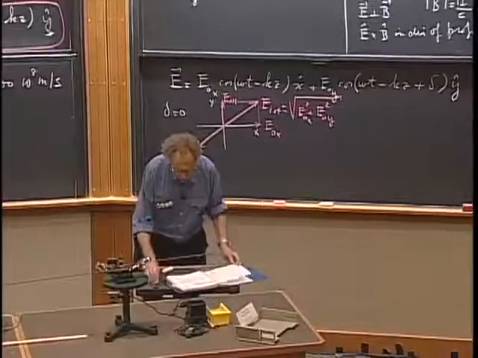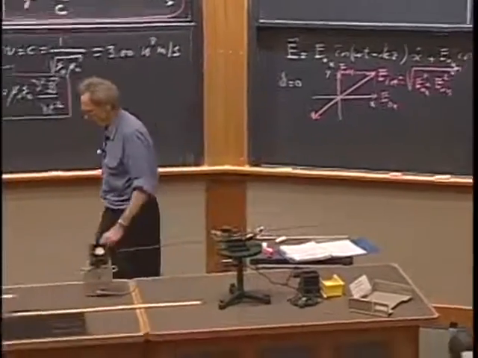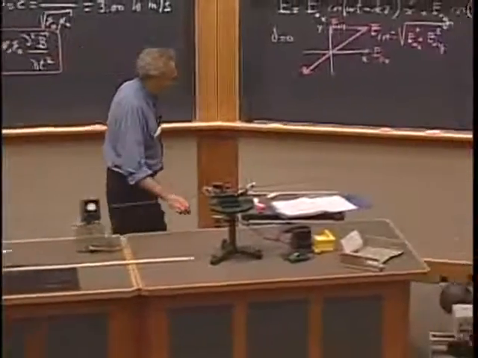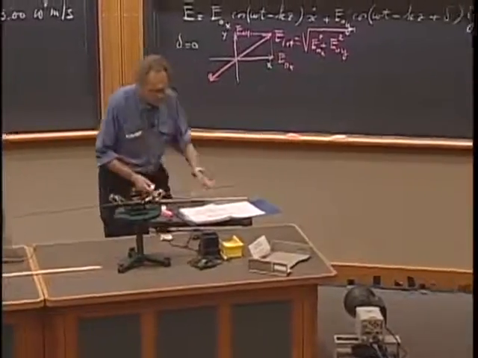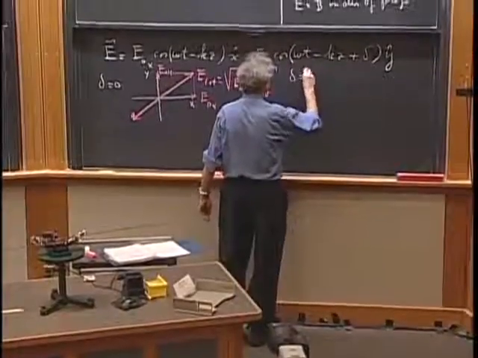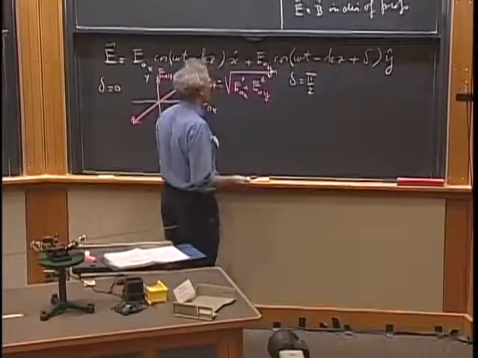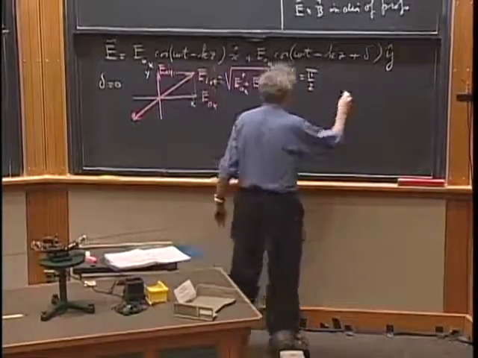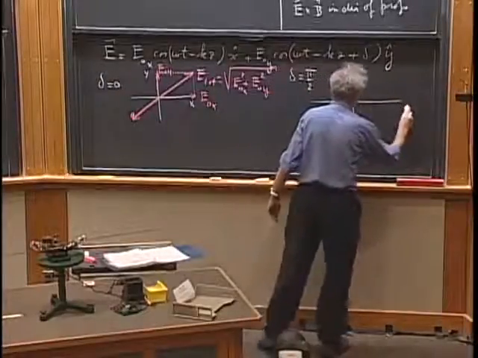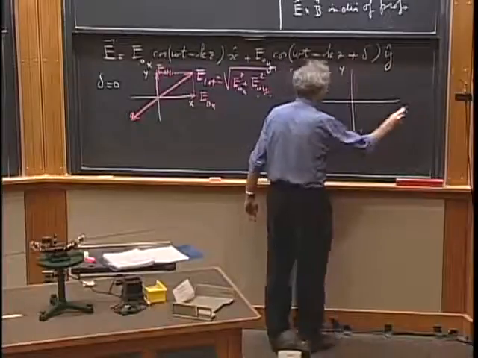I can also make the phase angle between the two 90 degrees. So I could make delta pi over 2. And now you get something very interesting. So this is now x, and this is now y, so that the radiation comes to you.